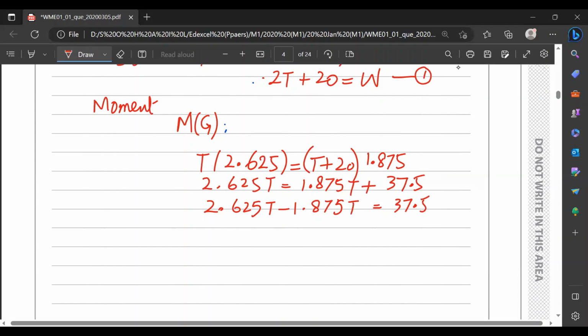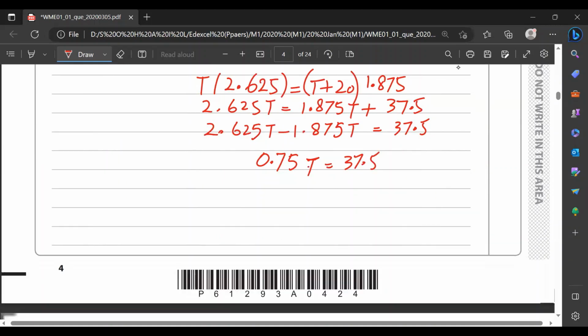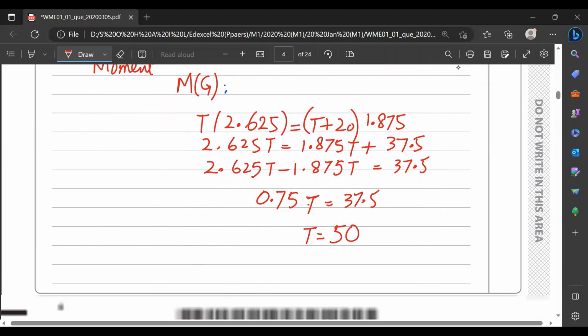Simplifying, 2.625 minus 1.875 is 0.75, so 0.75 T equals 37.5. So 37.5 divided by 0.75 gives T equal to 50.